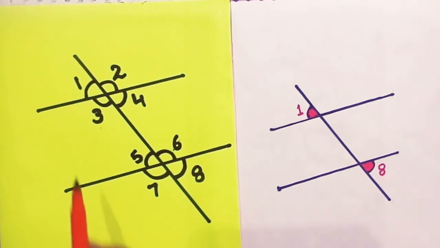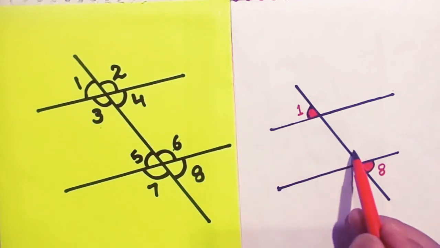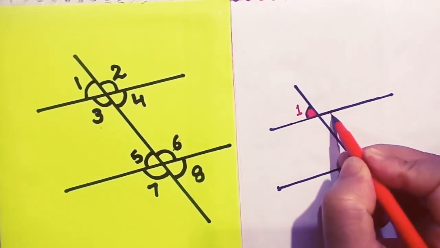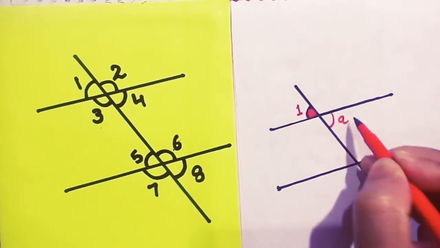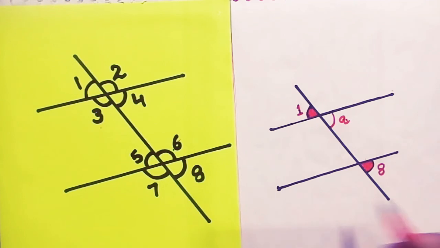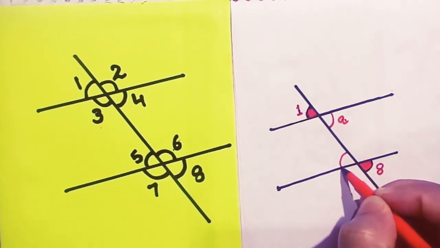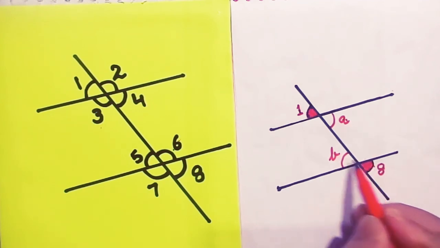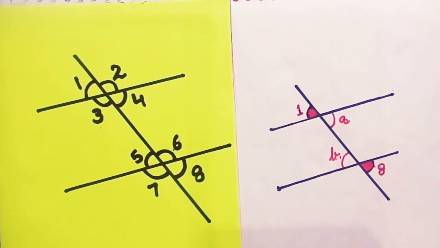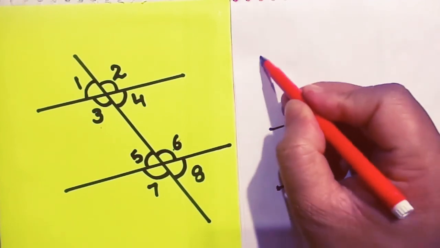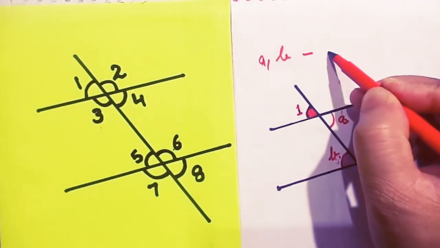Have a look at 1 and 8. So 1 and 8, let us look at this. This is your A. So A will be equal to 1. Why? Because they are vertically opposite angles. And here B is equal to 8. Why? Because they are vertically opposite angles. Now A and B are what? A and B are alternate angles.